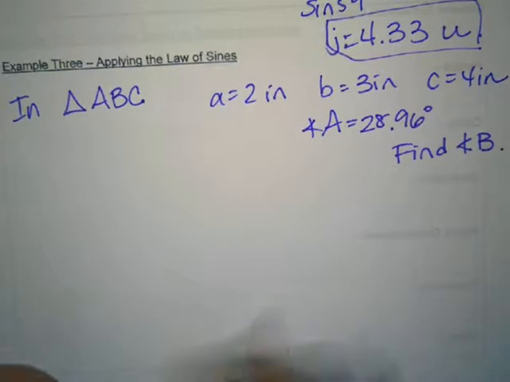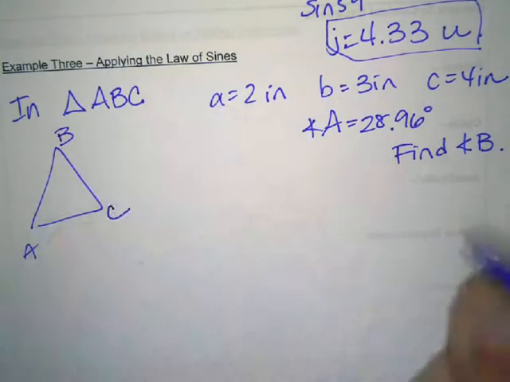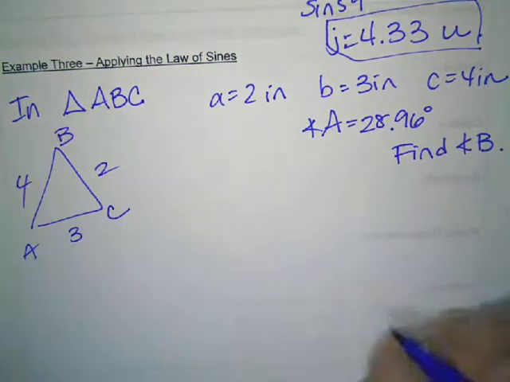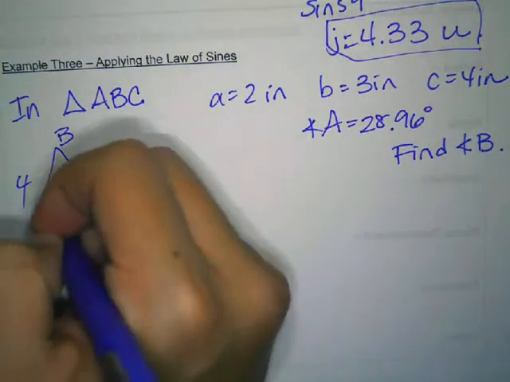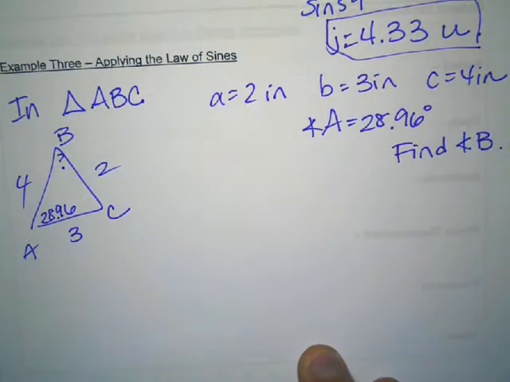So you set up or label your triangle. It's good to have a picture to work from. So 2, 3, 4. Angle A. And I want to find angle B. You're going to still start with your pairing.